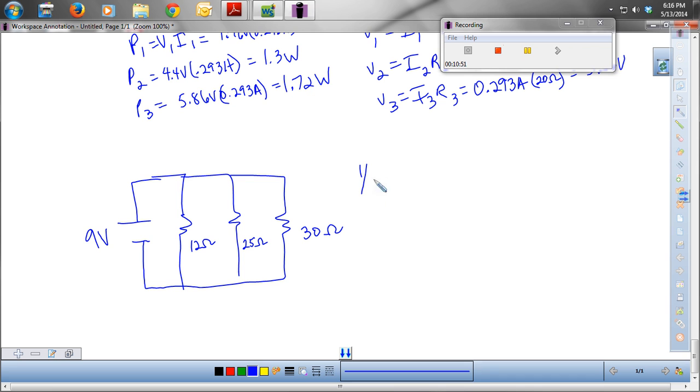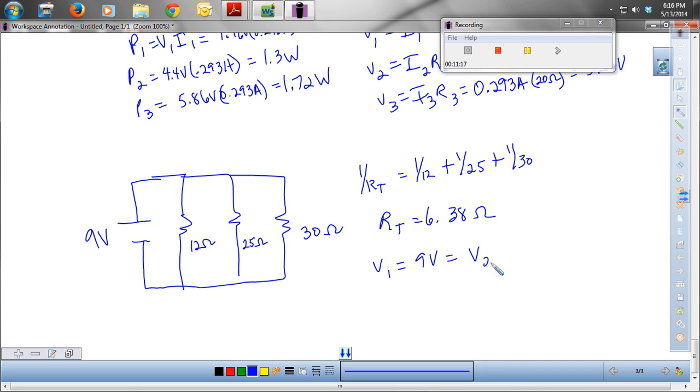So I need to do 1 over RT equals 1 over 12 plus 1 over 25 plus 1 over 30. And so when I did that, I got RT to be 6.38. And then V1, V2, and V3 are all 9 volts.